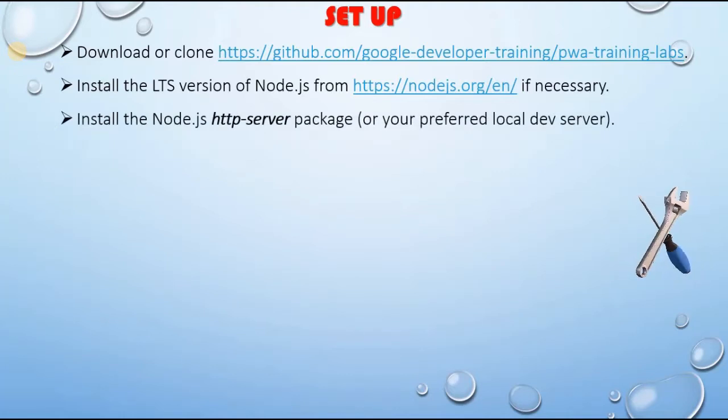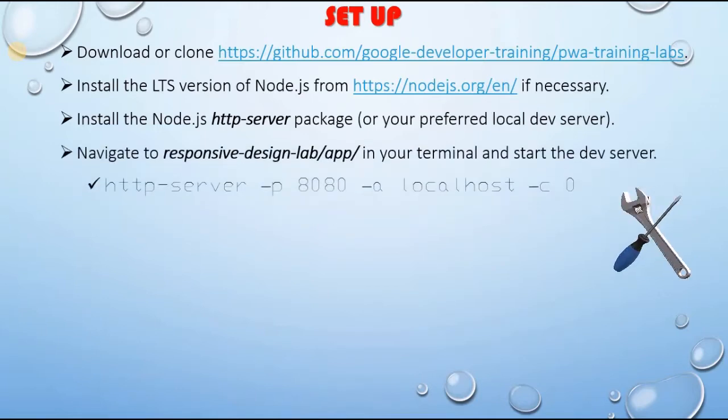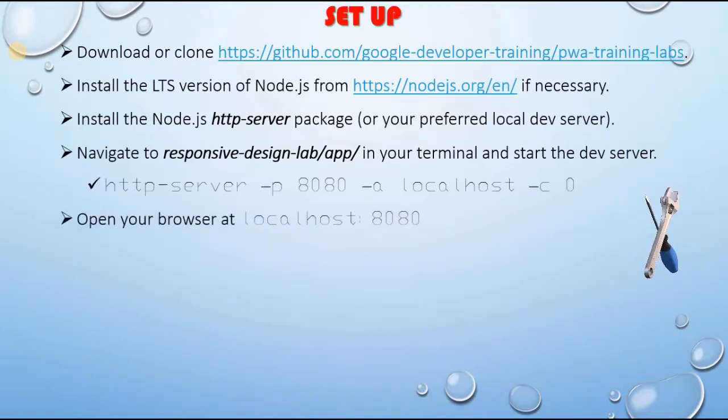Also HTTP server, but you can use your preferred local web server. In your terminal, navigate to Responsive Design Lab/app and start the server. Here I used port 8080. Open your browser at localhost 8080.